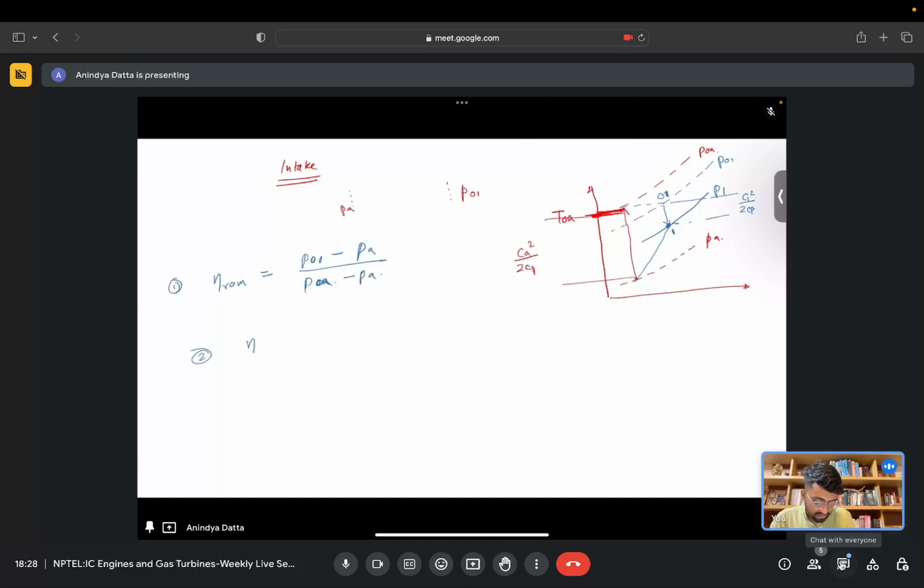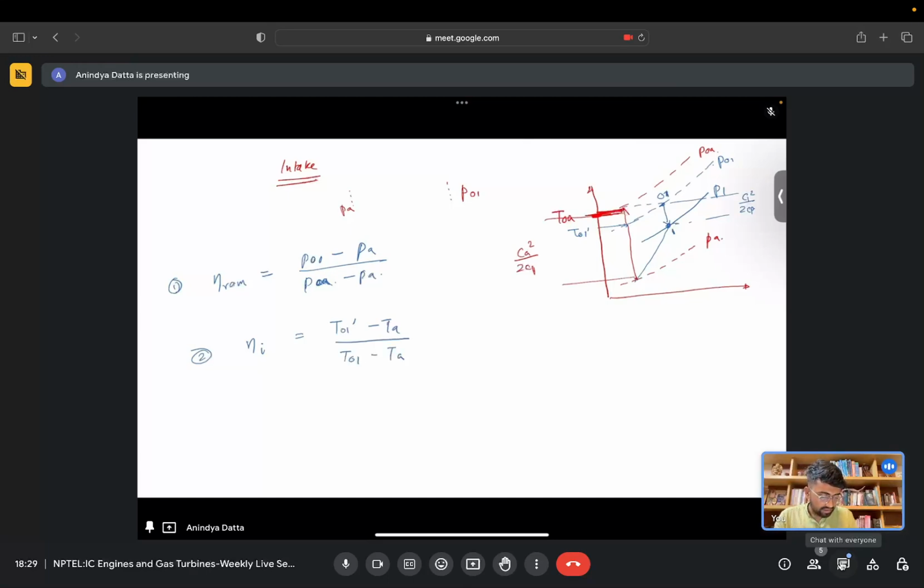Another efficiency is defined in terms of temperature differences. This is T01 prime. Actually the stagnation temperature at the exit is such that we get P01, but if we had to reach that pressure level isentropically, the temperature we would attain at the end of the intake is T01 prime, so the efficiency is T01 prime by TA divided by T01 by TA.